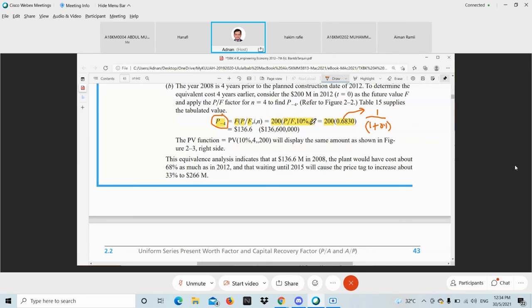How many years do we have? 4 years. So this is what we get here. We just multiply. So actually we only need 136.6 million, if we go back 4 years.